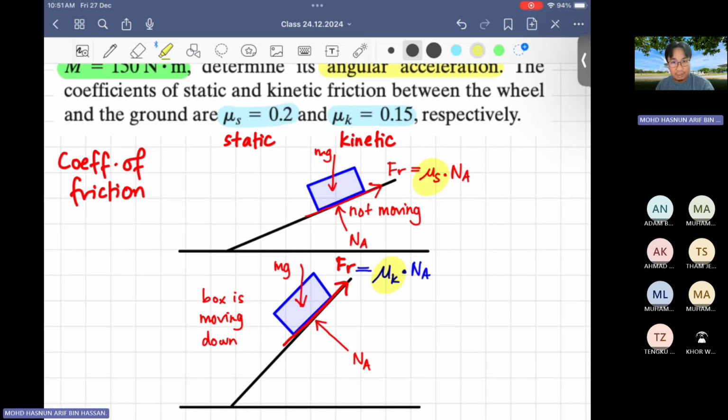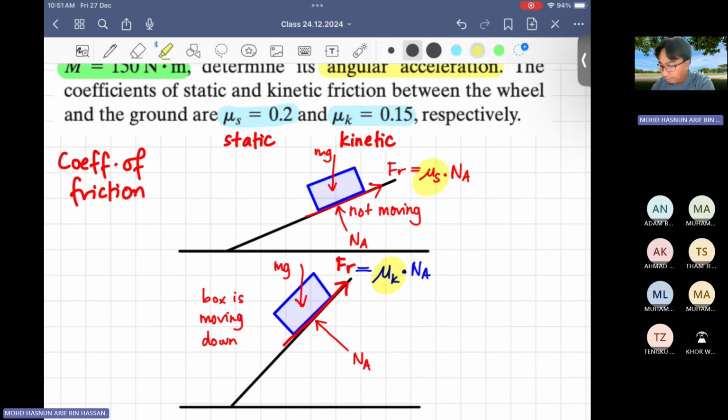Do you understand what I'm explaining here? Do you get it? Yes, sir. Okay. So not moving is mu s. When the box is sliding, then mu k.